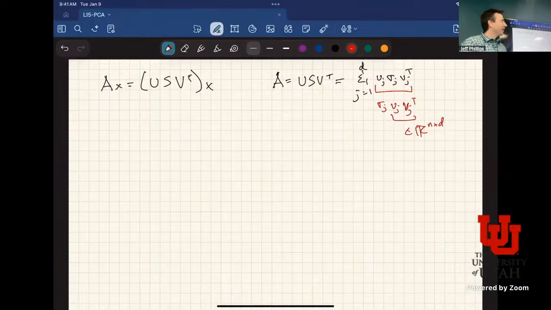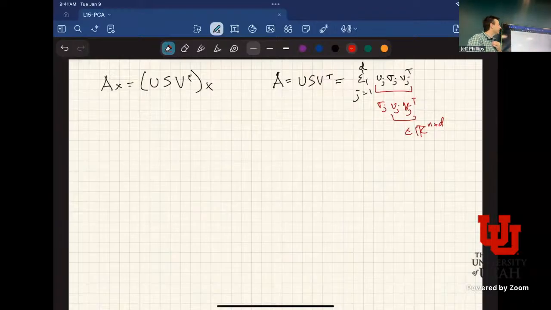Okay, so this makes sense. I'm adding up terms, and they add up to something that's n by d. That means each of the terms must be an n by d matrix, scaled by sigma_j, but this is a rank 1 matrix. It gives me a rank 1 matrix, but I add them up and I get a rank d matrix, assuming some of the singular values are not 0.